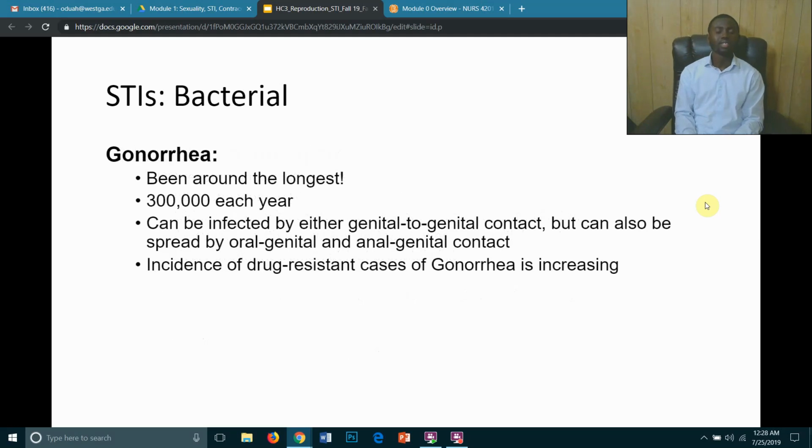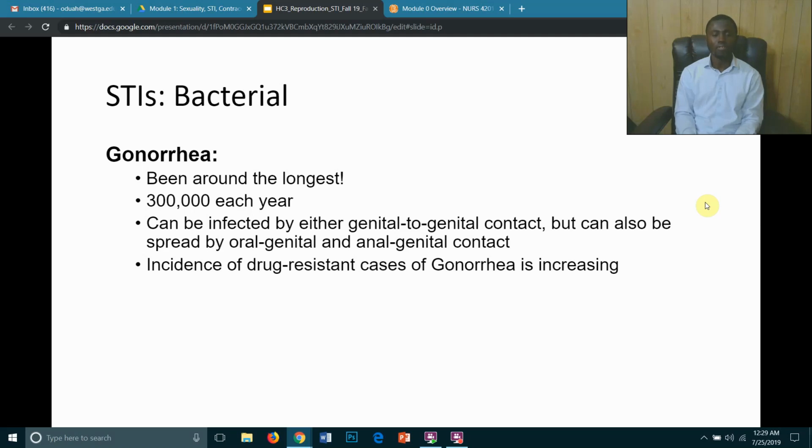The next STI that we will talk about is gonorrhea. Gonorrhea is a sexually transmitted bacterial infection, which is the oldest known STI. So it's been around for a very long time. A person can be infected by genital to genital contact, but it can also be spread by oral to genital and anal to genital contact.